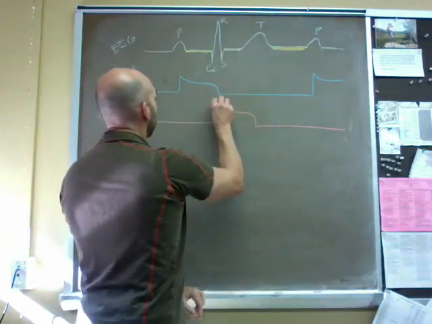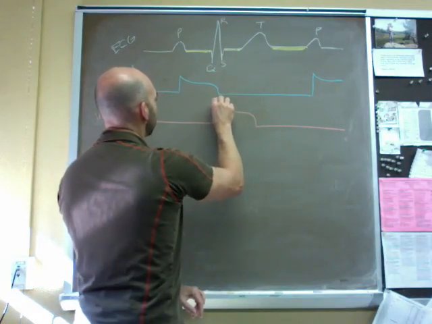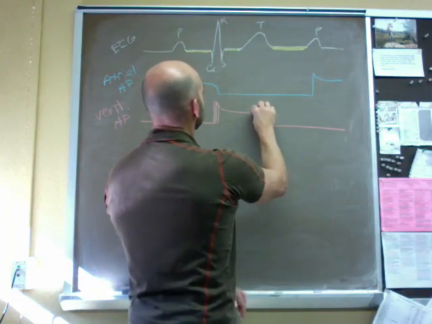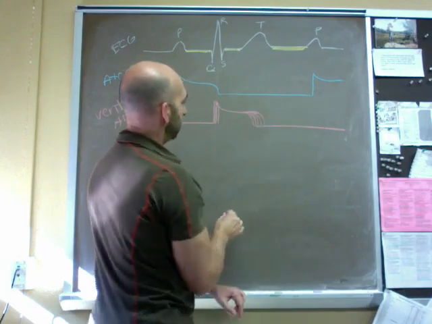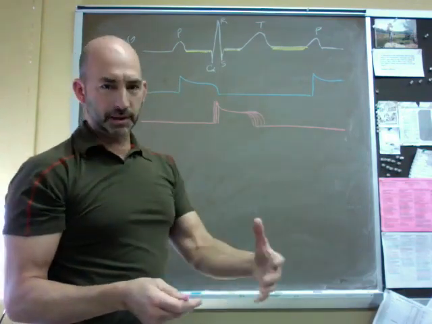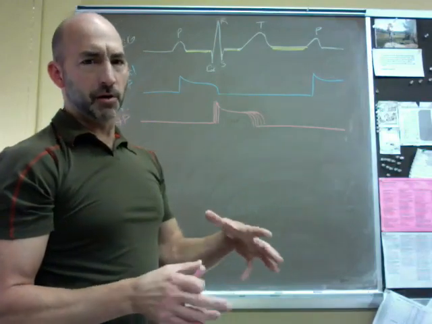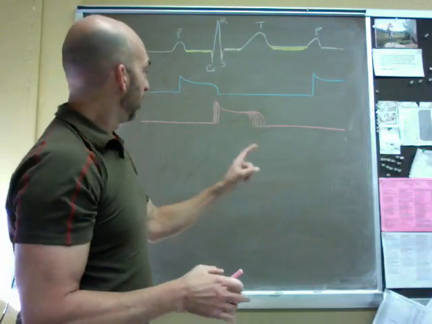So what I did in class, what I'm going to do here, is sort of show multiple cells depolarizing and multiple cells repolarizing. They don't all do this at the exact same moment because the action potential is traveling cell to cell. Remember the dominoes falling? The dominoes do not all fall at the exact same instant. They fall one after another after another.